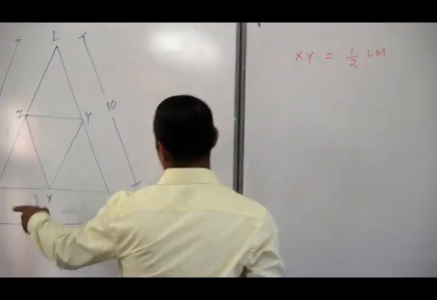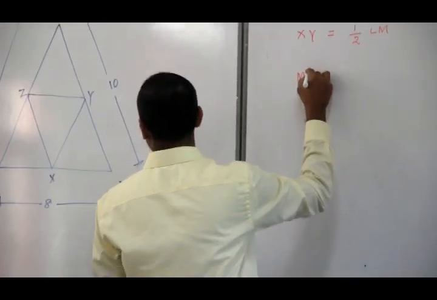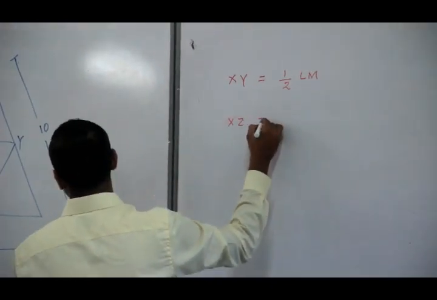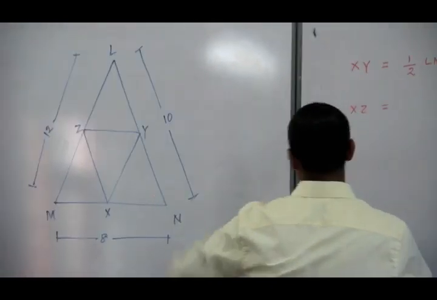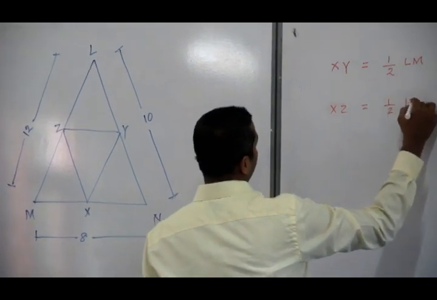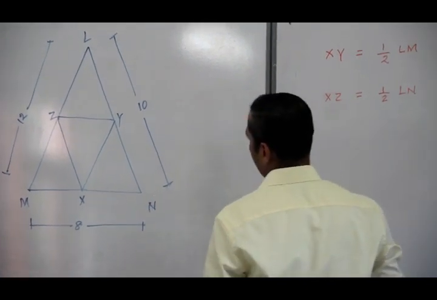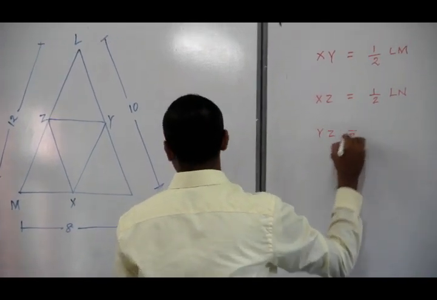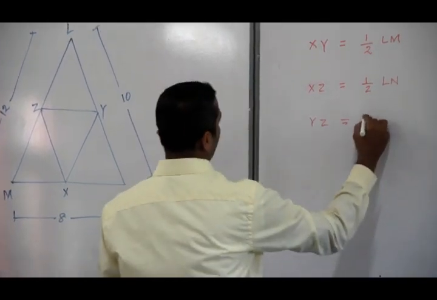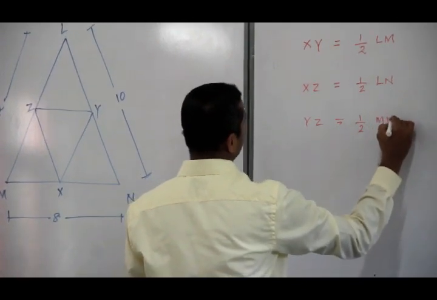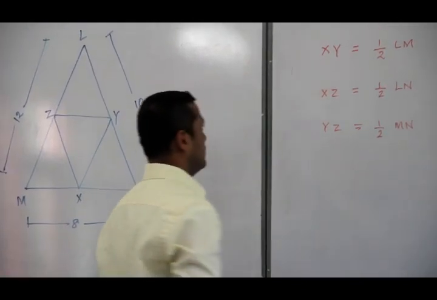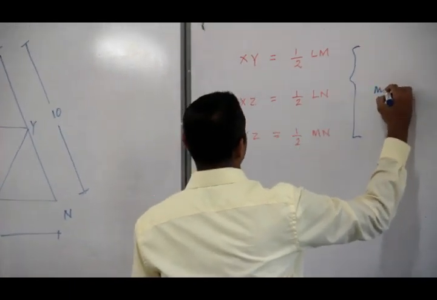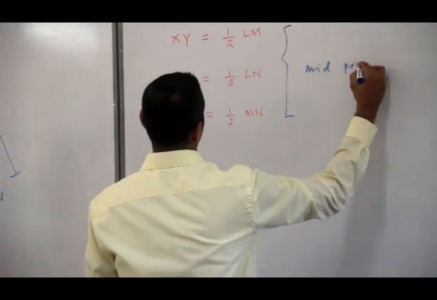Then XZ, sorry, XZ is equal to half of LN. Then YZ is equal to half of MN. All these are according to the midpoint theorem.